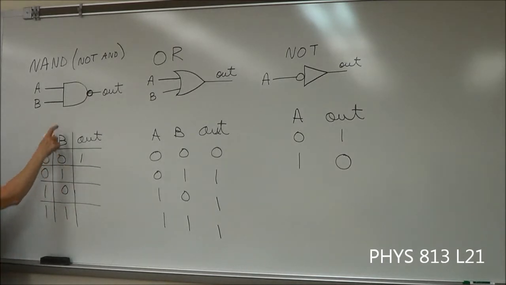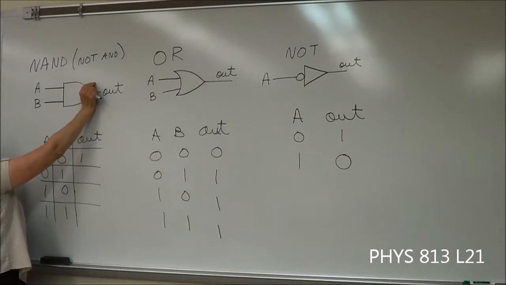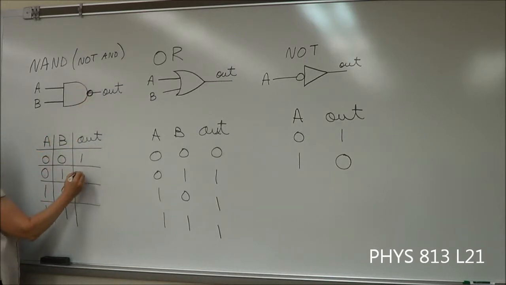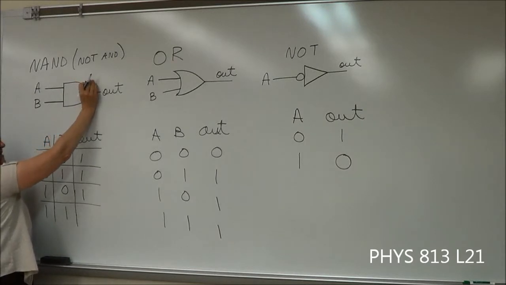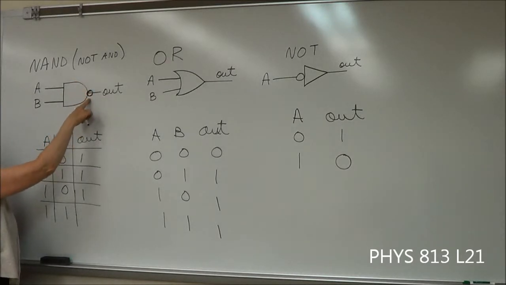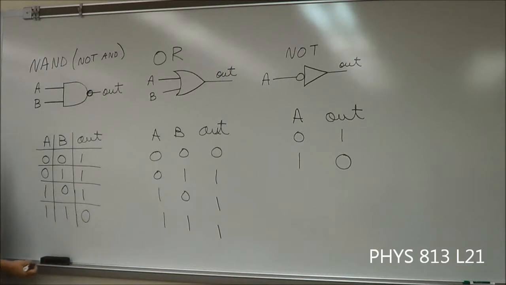So 0 and 1 with AND, you need both of them to be the same, or you get 0. So that's a 0. This is a NOT, so it's the other way. And these two give you the same result. Now, 1 and 1, the AND gate itself would give you a 1, but the NOT tells you that it's 0. So if you look back at where you had AND, you'll see that it's 0, 0, 0, and 1. It's just the opposite of that.